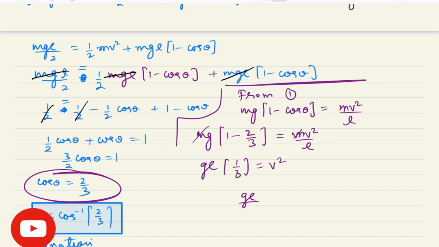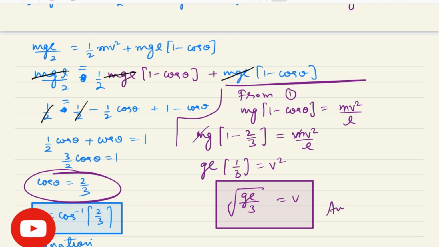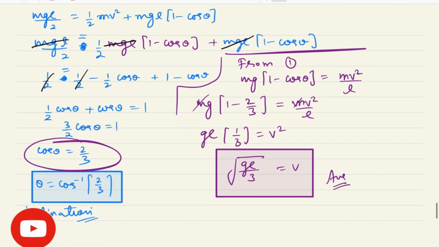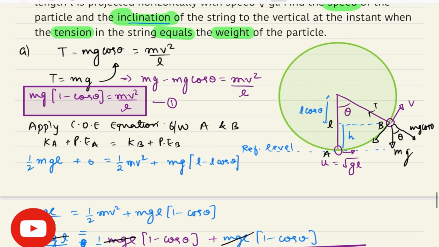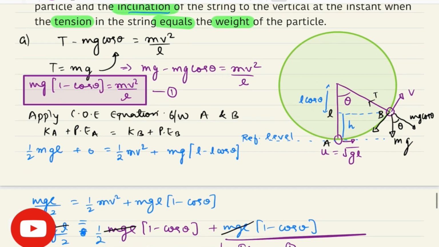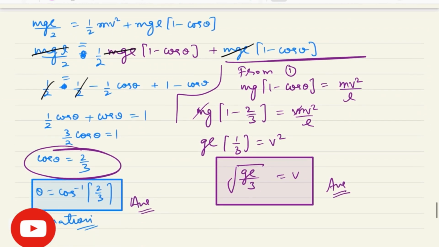So v square is gL by 3. So this is the answer of this numerical: the velocity and the inclination made by the string with the vertical. Okay, again this is a very important numerical. Please try it, practice it.